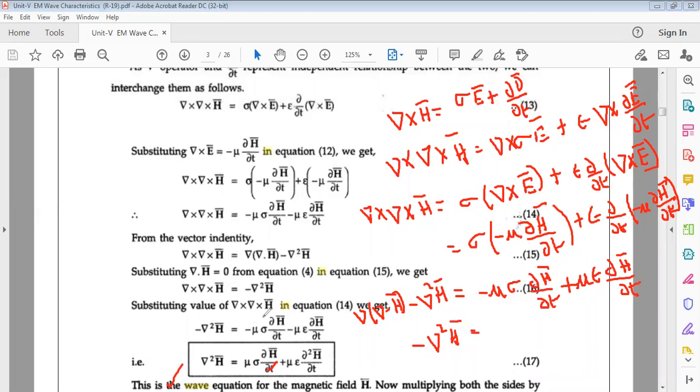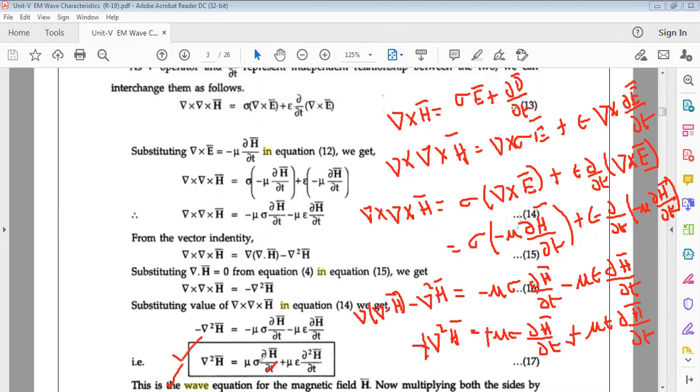Minus del square H bar is equal to the right hand side. In both the equations, my dear students, all the signs are minus: minus mu sigma into dou H bar by dou T, minus mu epsilon into dou H bar by dou T. So take all, it is a plus and plus.